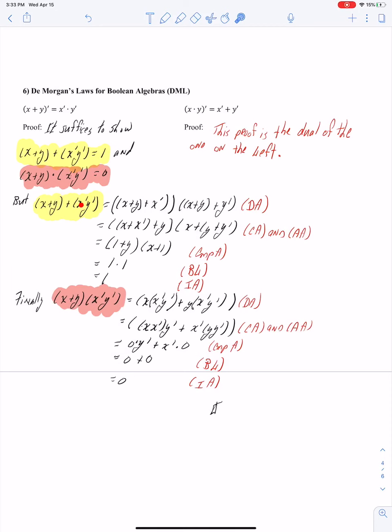Now this is going to be the funky distributive axiom that we're not used to, right? What does the axiom say? That it's this, add the first, so it's x plus y add x prime, times what? This add the second, so x plus y add y prime.